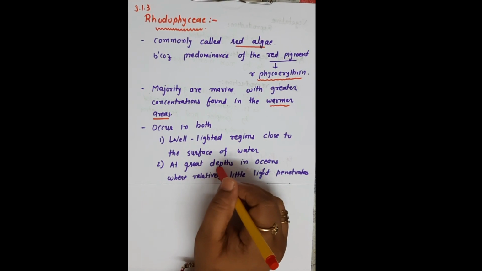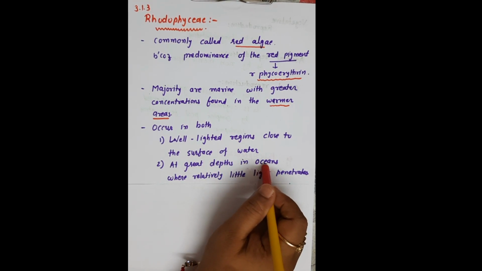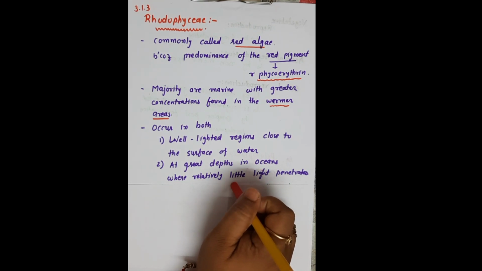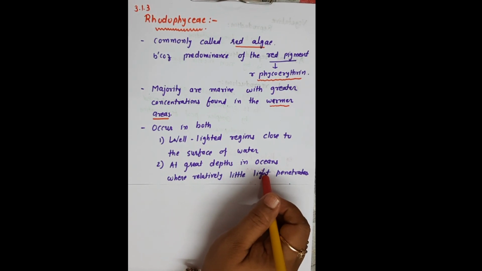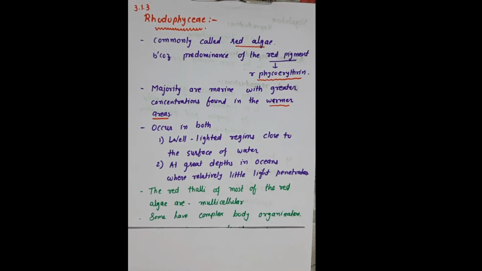Second, at a great depth in ocean, ओशन में इतने डेप्थ में where relatively little light penetrates, मतलब कि ज़्यादा लाइट पेनिट्रेट नहीं होता है, तो वहाँ पे भी देखने मिलते हैं.